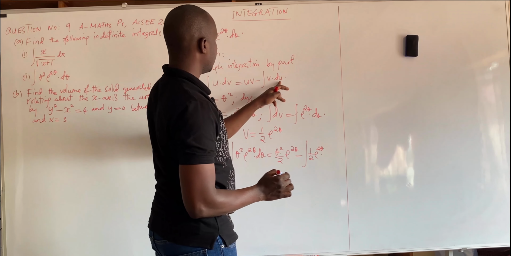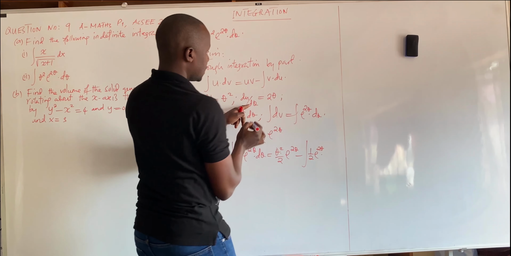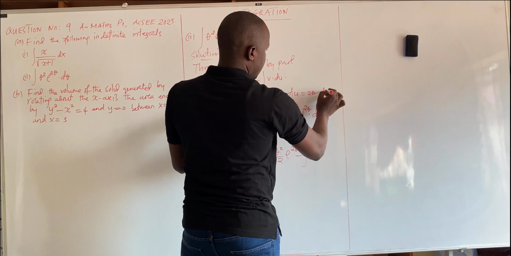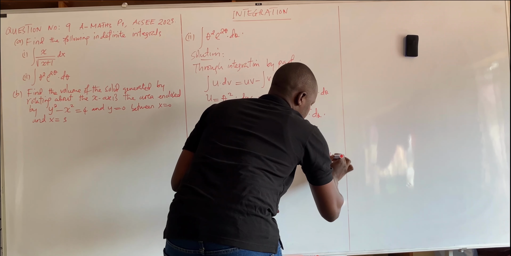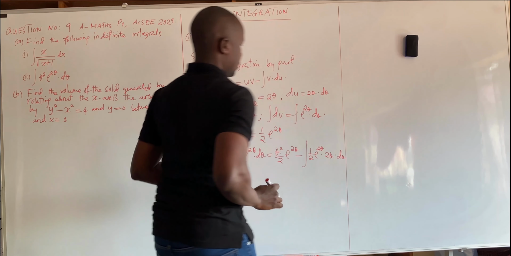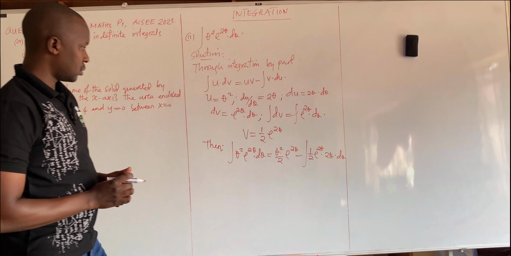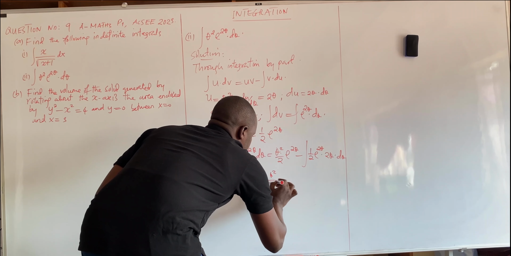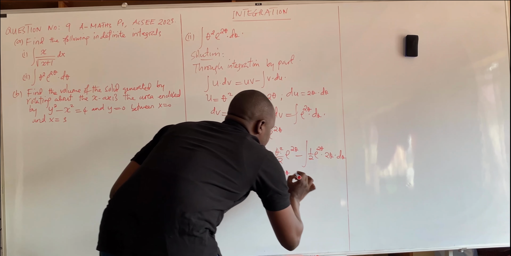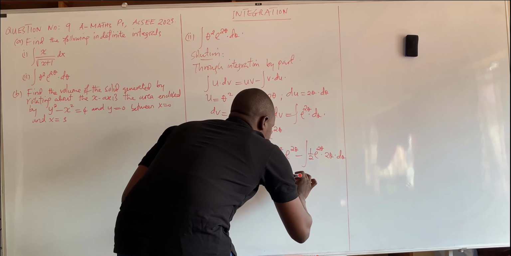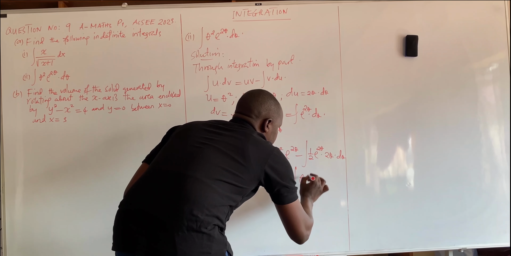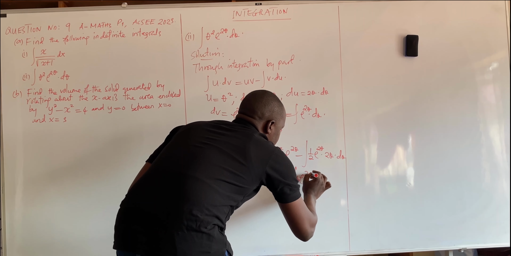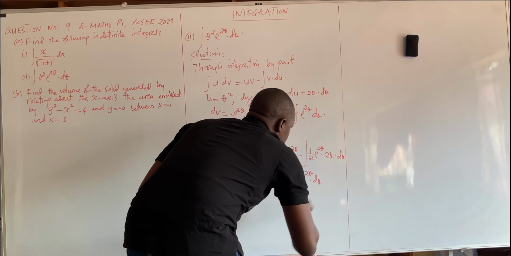Now du here becomes 2 theta d theta. That becomes the value of the du. So from there, we are going to have theta square over 2 e of 2 theta. Then here this comes out, so we minus integral of theta at the back, then e of 2 theta, and then now d theta.